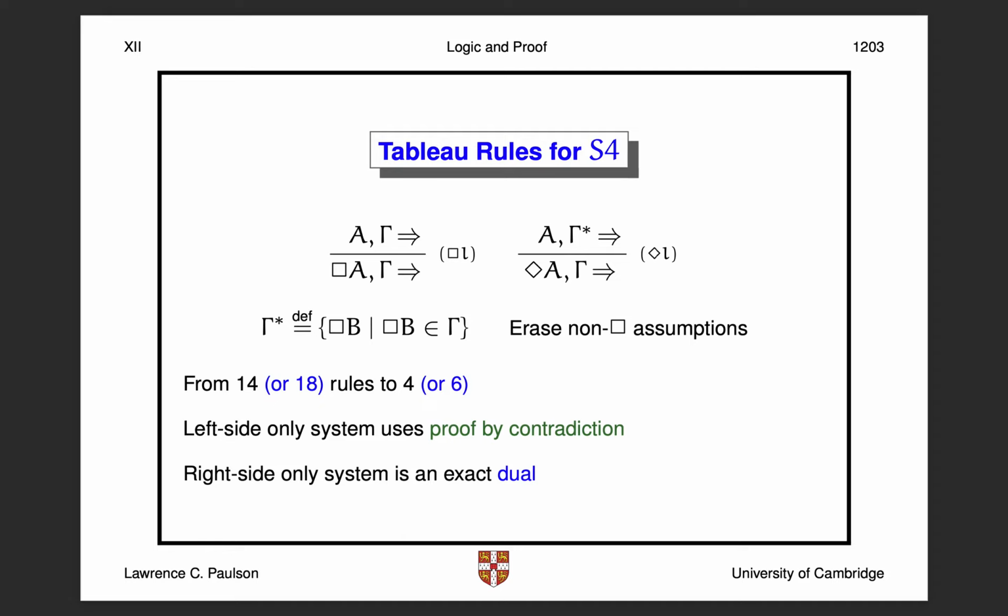That is, there would be a duality, so instead of and on the right, you would have or on the left, and so on for all the connectors, and the two proofs would be mirror images of one another. So from the point of view of performance, or lengths of proofs, or anything like that, you would find there is no difference whatever between the left side and the right side system. Nobody ever looks at the right side system. I guess they find proof by contradiction quite natural in this world.